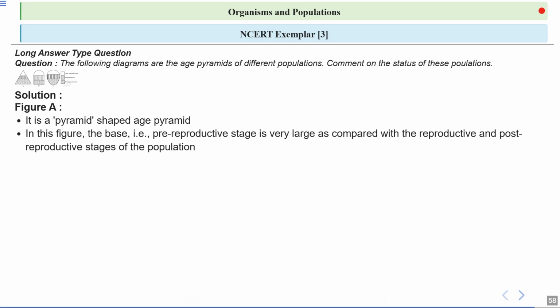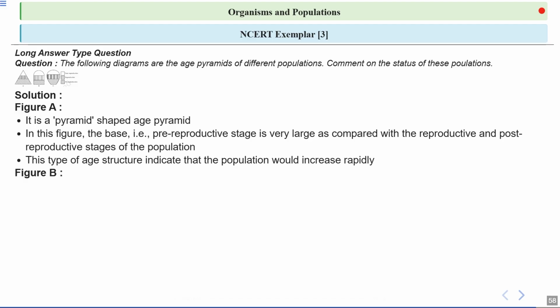This is a growing population. This kind of age structure tells us that the population is likely to increase rapidly because a larger number of individuals are young, in the pre-reproductive phase. These individuals will soon become capable of reproducing, leading to a population boom.